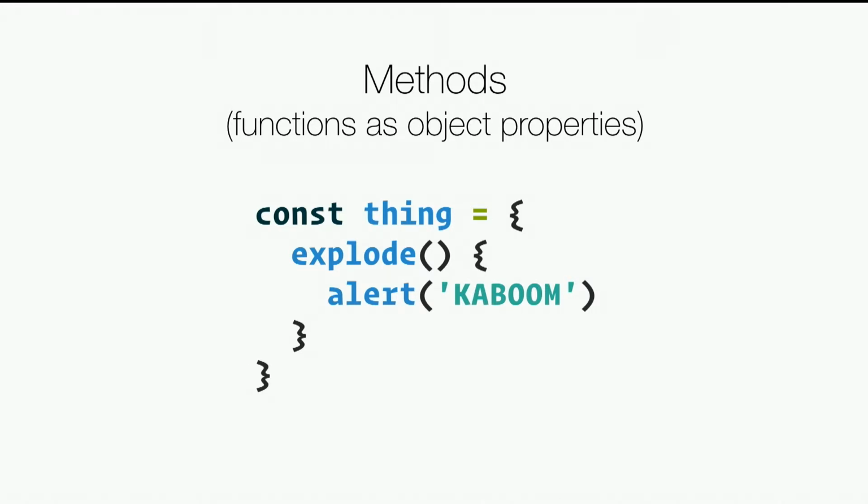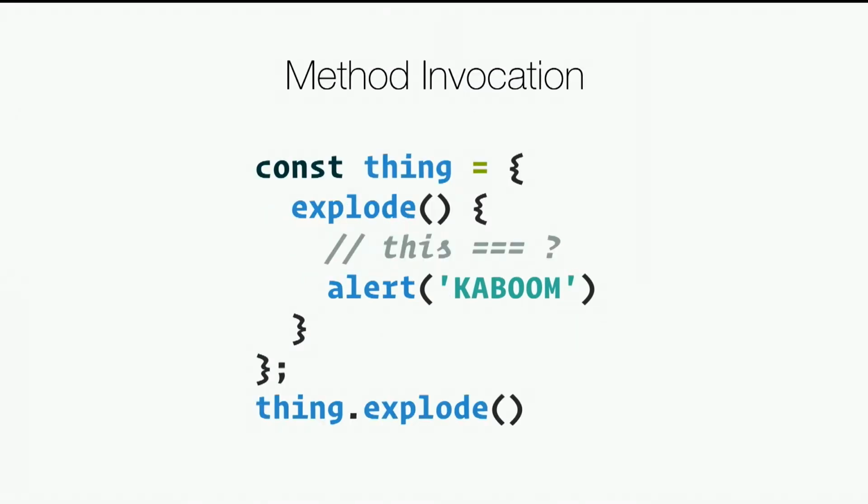What about methods? So here, thing is an object, and explode is a method of that object. So what if we then call that by using thing.explode? What is this going to be inside explode? It's going to be thing. It's going to be that object.